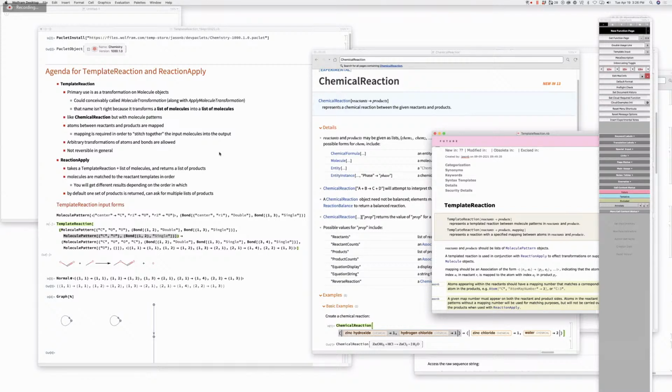Reaction pattern doesn't sound terrible. And then what would be the apply version? Apply reaction pattern. Okay. All right. So that seems okay to me. Anybody object to those?